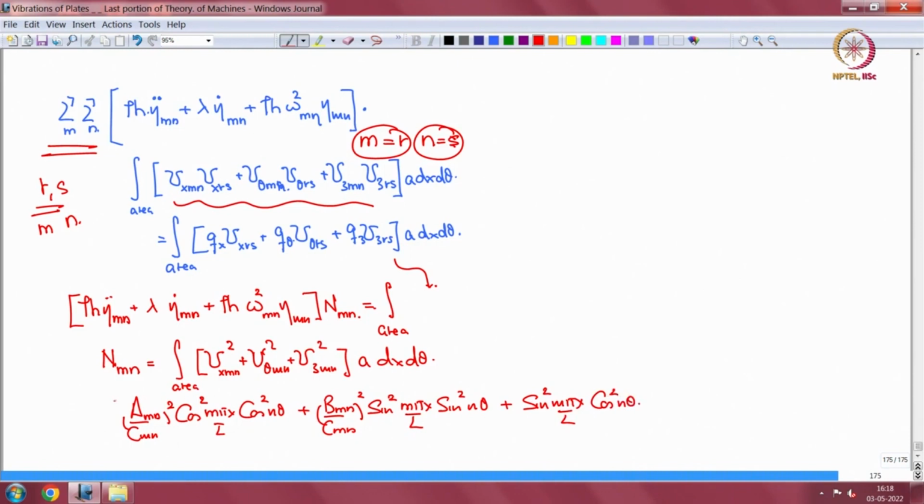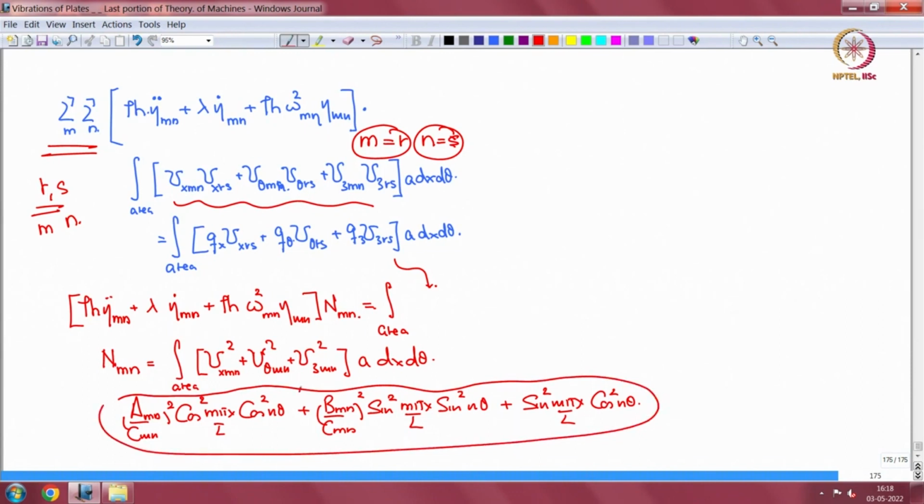This whole thing inside this. Okay, so that can be N mn. It's for one set of modes, set 1.